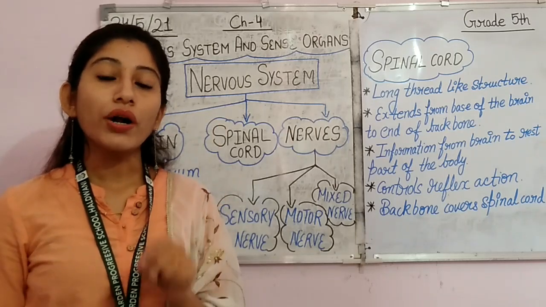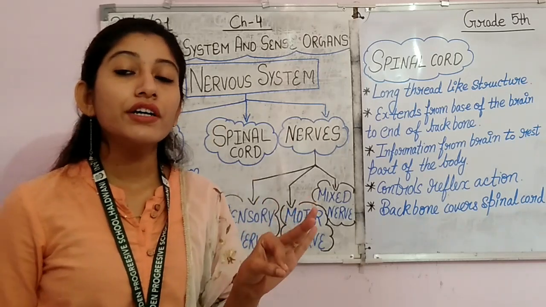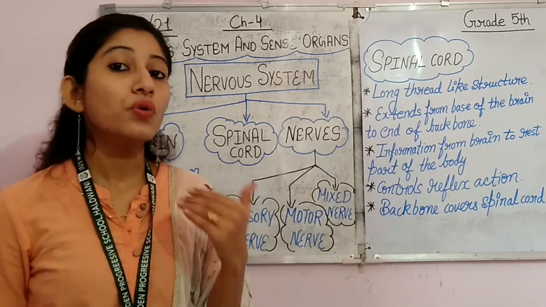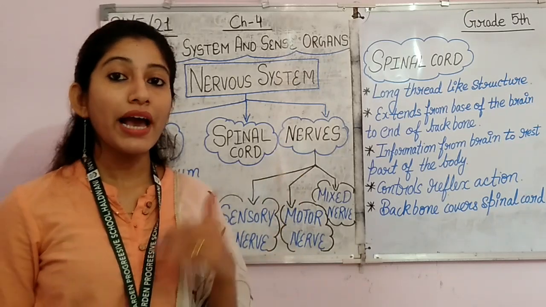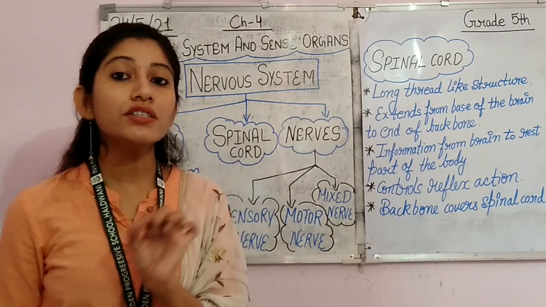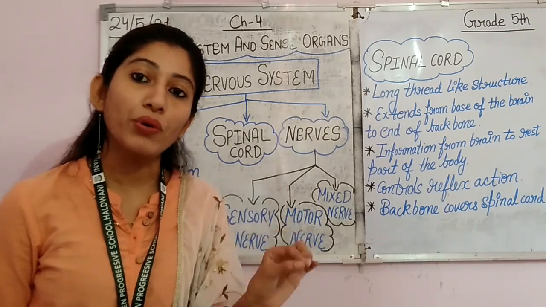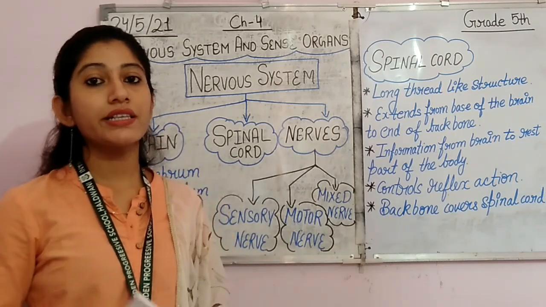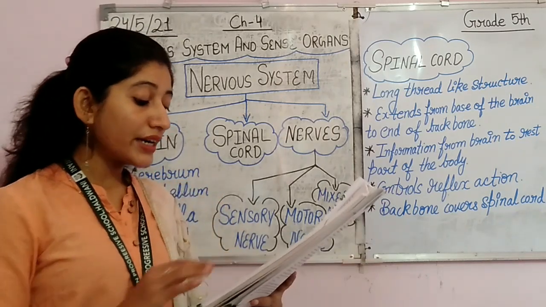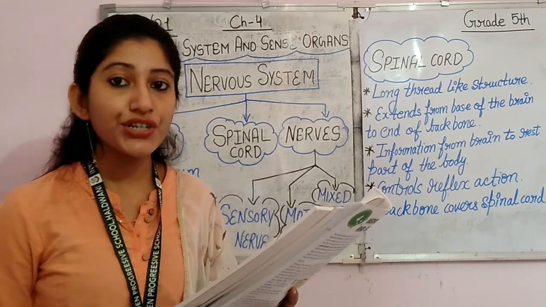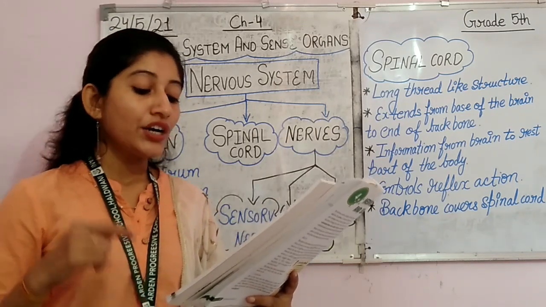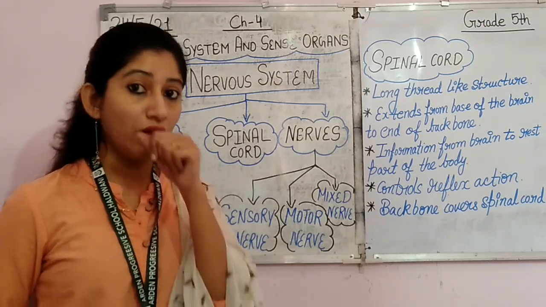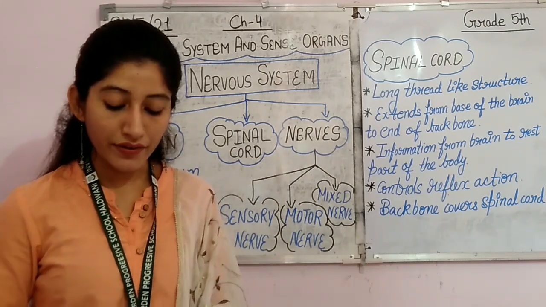That order is to be given to the muscles and glands of the body. So who will help in sending this order? This role is done by the motor nerves. The nerves which carry instructions from the brain or spinal cord to the muscles or glands are called motor nerves.